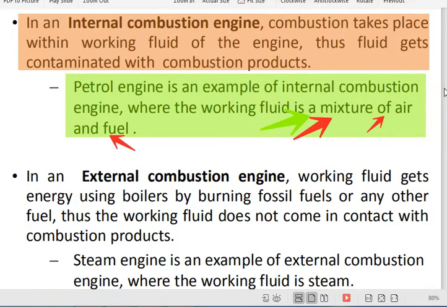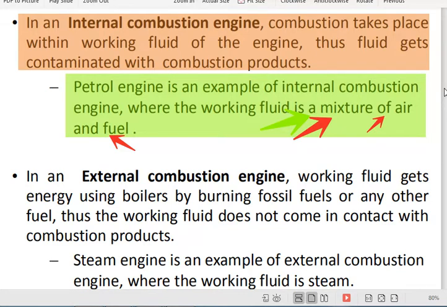In an external combustion engine, the working fluid gets the energy using boilers by burning fossil fuels or any other fuel, and thus the working fluid does not come in contact with the combustion products. So the meaning is that the combustion happens outside the cylinder and the combustion products do not come in contact with the working fluid.